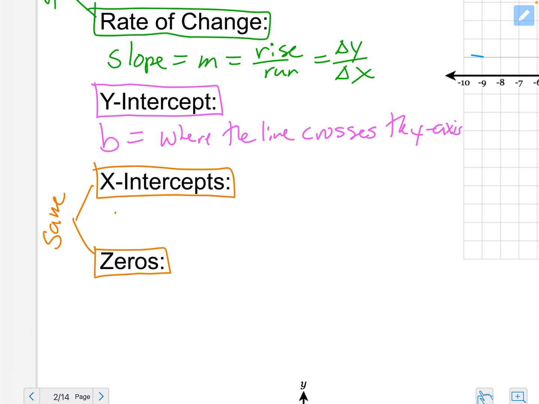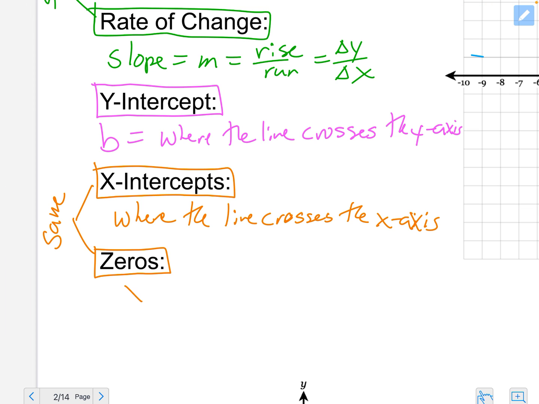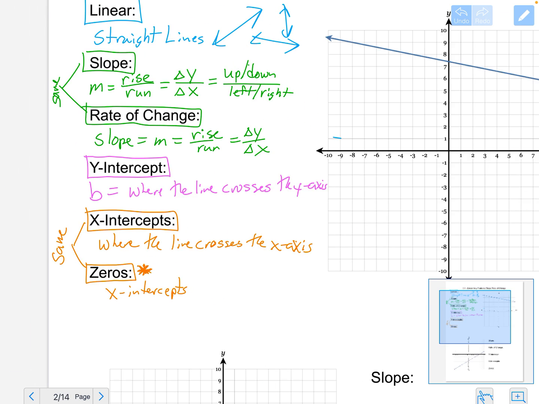So an x-intercept is where the line crosses the x-axis, and our zeros are simply x-intercepts. And we're going to talk a lot more later about why that name zeros exists, but for right now it really doesn't apply to linear.